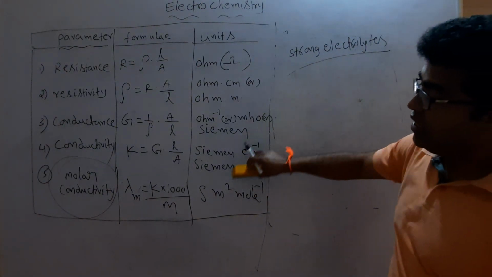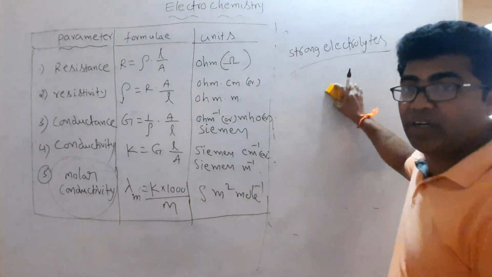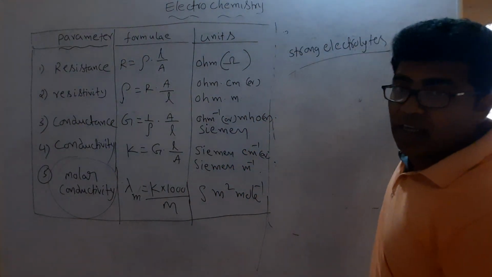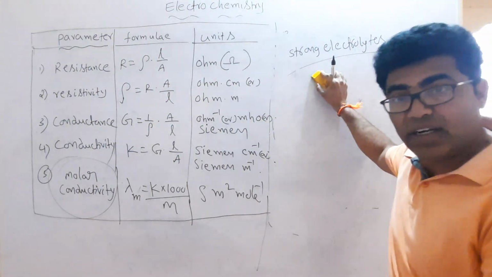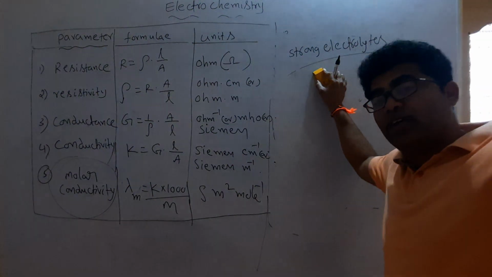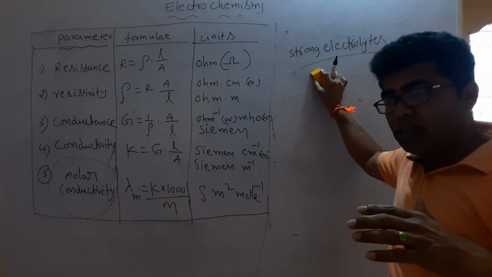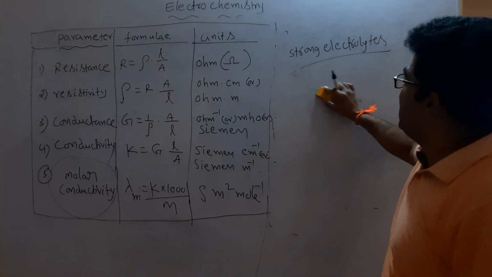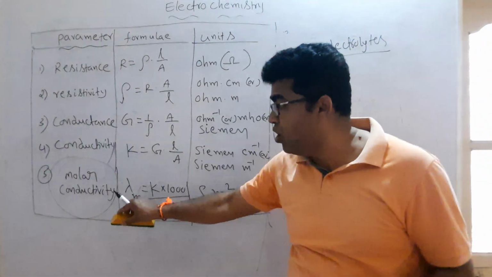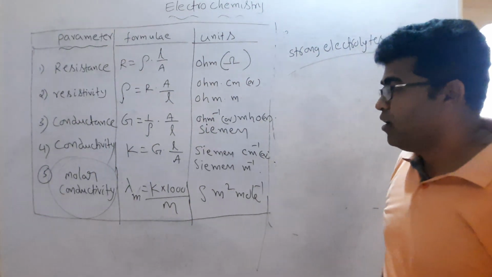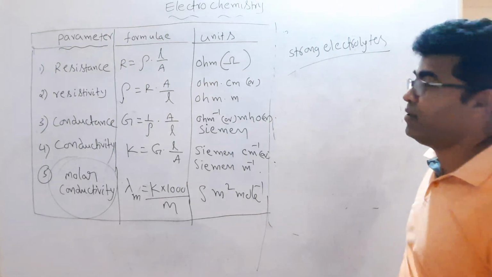The molar conductivity of strong electrolytes can be determined by using an instrument, either at low concentration or high concentration. Low concentration means infinite dilution. At any concentration, even at infinite dilution, it is possible to find the molar conductivity of a solution containing a strong electrolyte.